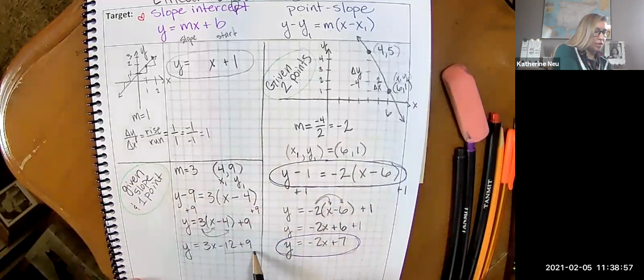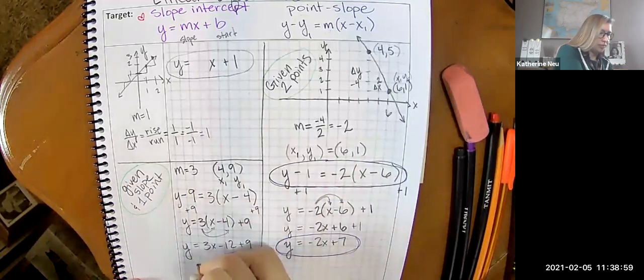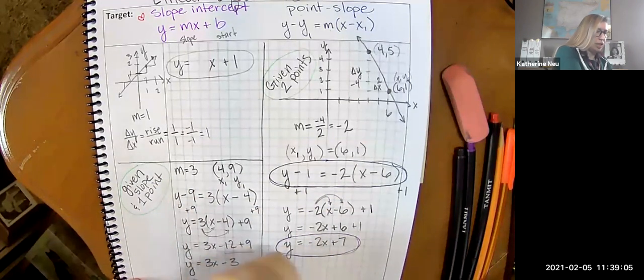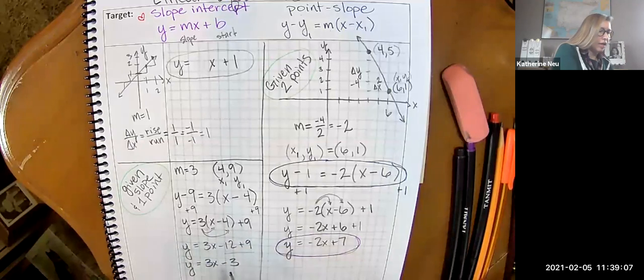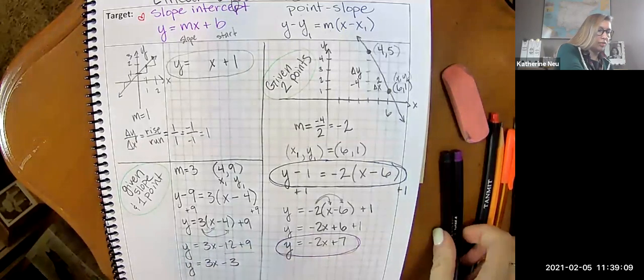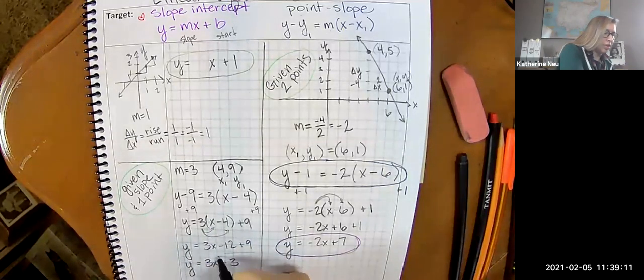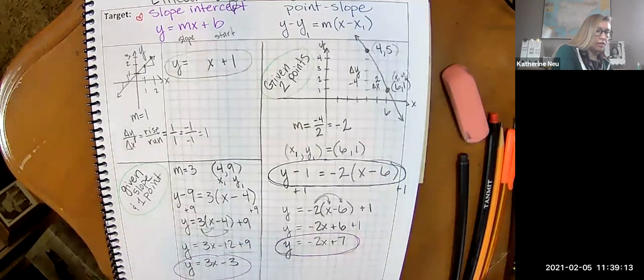Combine like terms. And there you have it. You have your answer in both slope intercept and point slope.